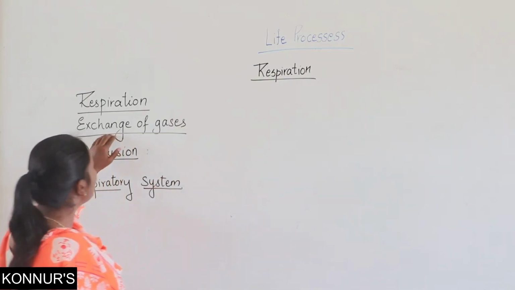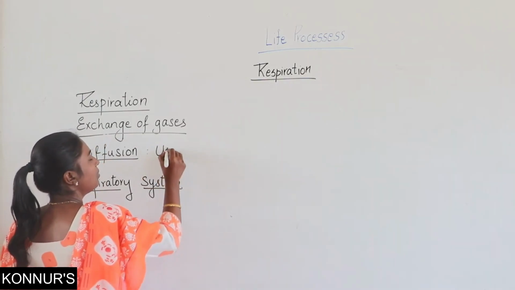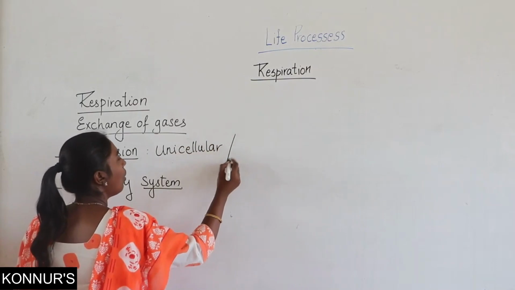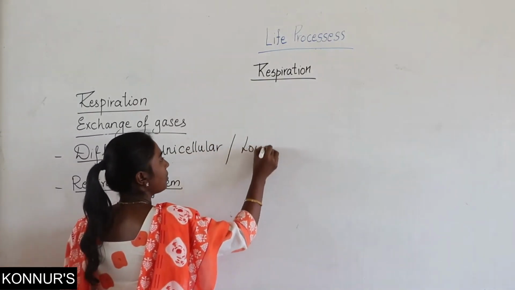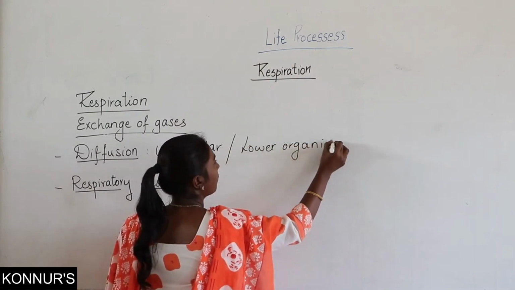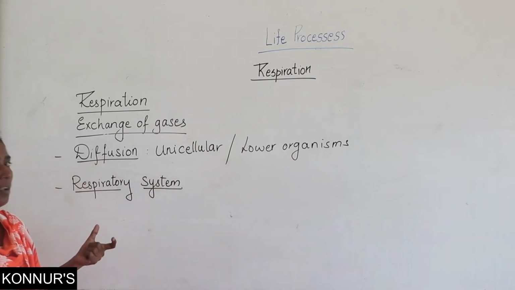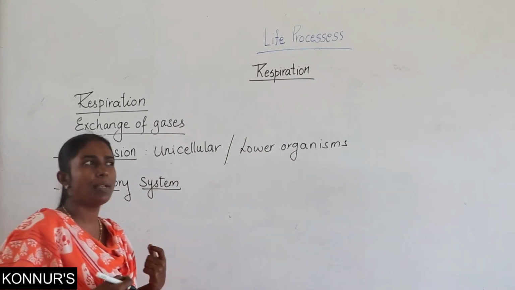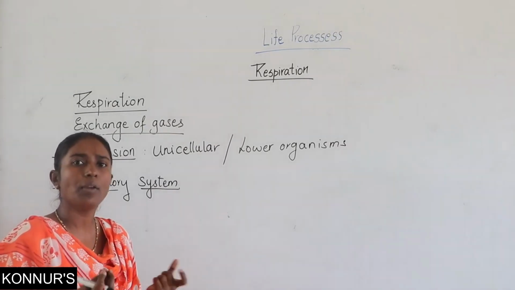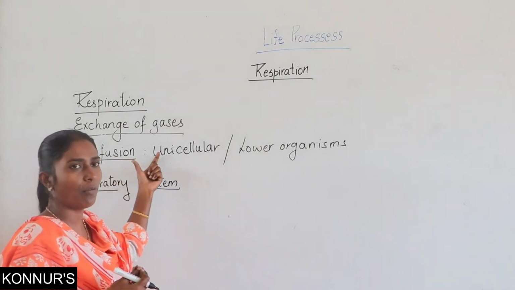So the exchange of gases in unicellular organisms or in lower organisms takes place by the process of diffusion. I can take a simple example of amoeba. Amoeba does not have any particular organ for respiration. It exchanges the gases using the process of diffusion.